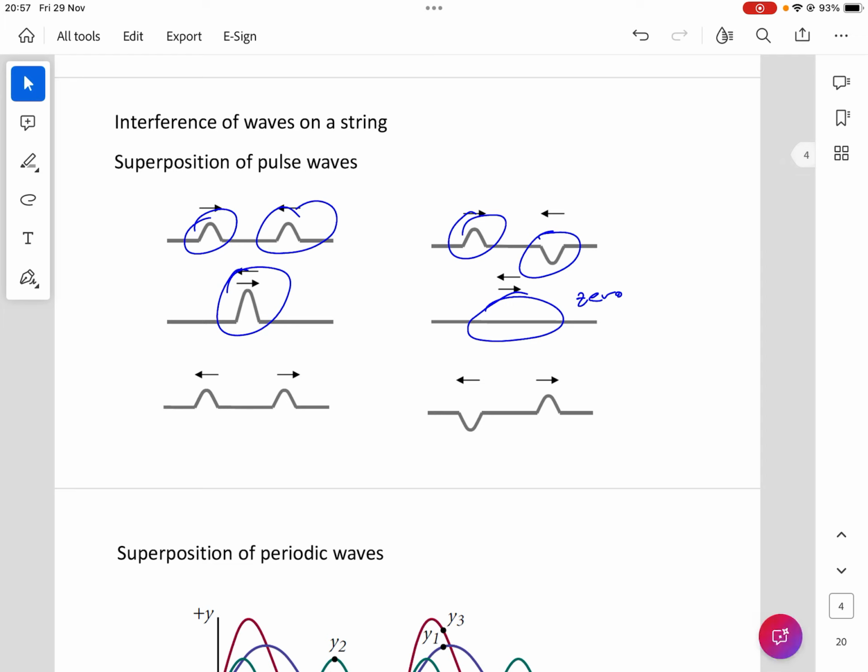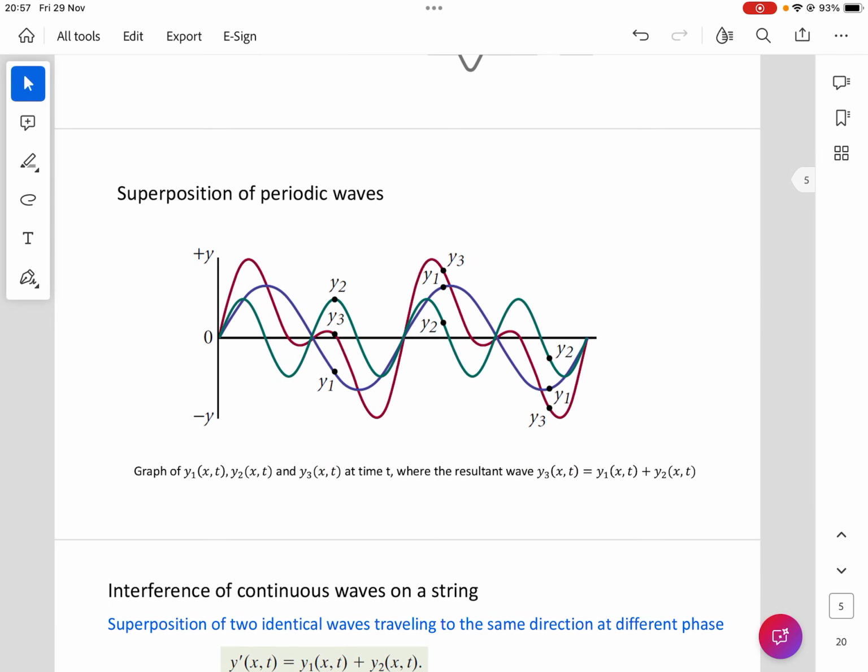The pulse wave is quite easy to understand, but how about the periodic wave? When we deal with a periodic wave, the wave is continuous.